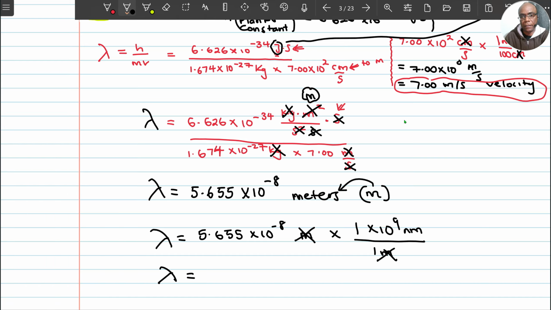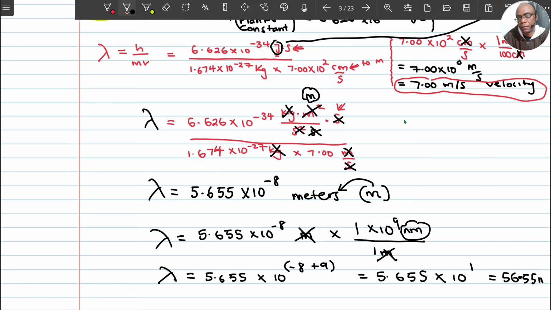So my wavelength in nanometers would be 5.655 times 10 to the power minus 8. Since it's 10 to the minus 8, 10 to the power 9 is like adding a 9 up here. And that is 5.655 times 10 to the power 1, which is just 56.55. Remember the surviving unit is nanometers. So my wavelength is 56.55 nanometers.